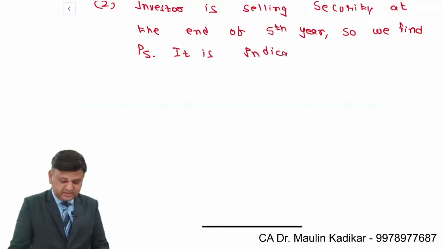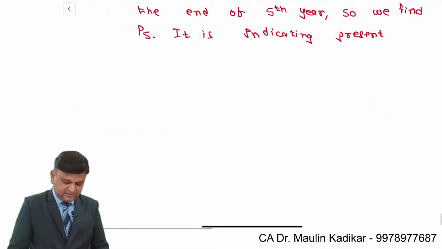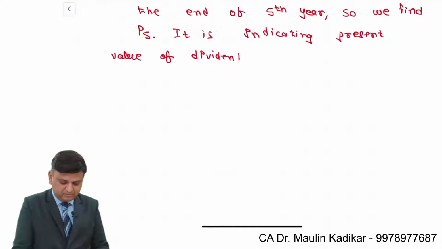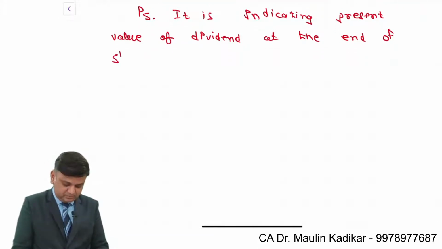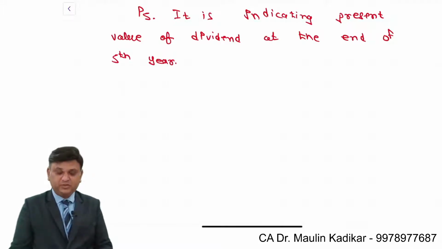It is indicating present value of dividend at the end of fifth year.